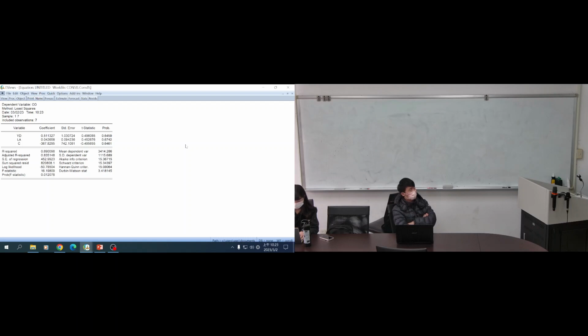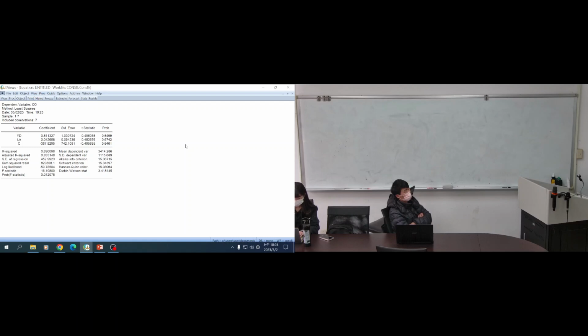We have two variables, one is YD, the other one is LA. According to this output, the last column is the p-value. How does this p-value tell us? It's too high, right? Our alpha level is no more than 10%, and all of them are higher than 10%.